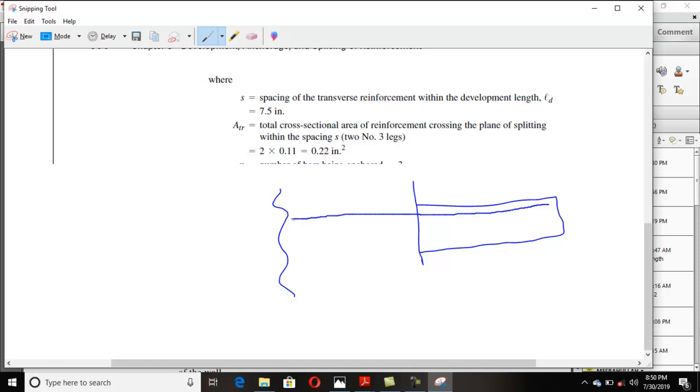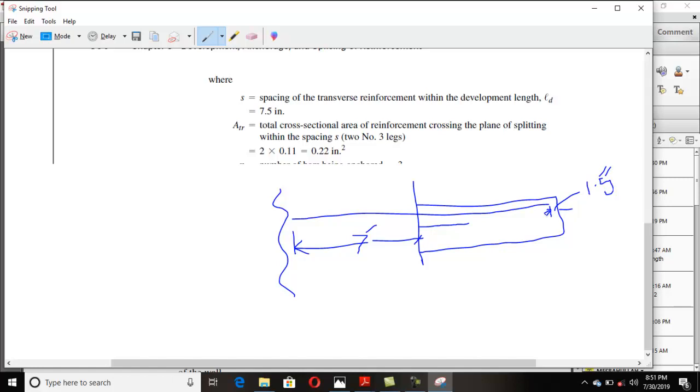This is 7 feet. Clear? And from there you need to cut this bar at a distance of 1.5.